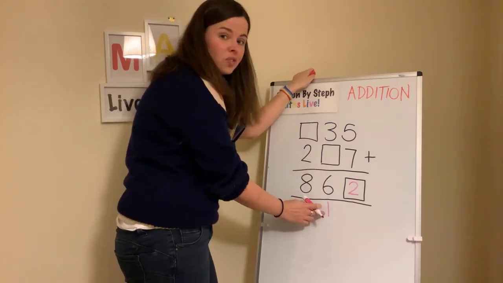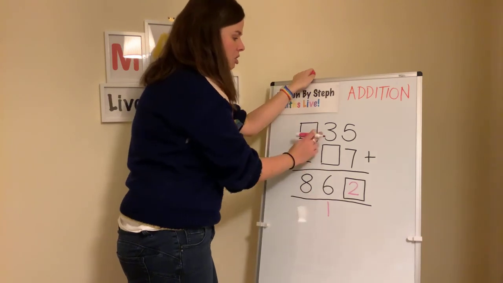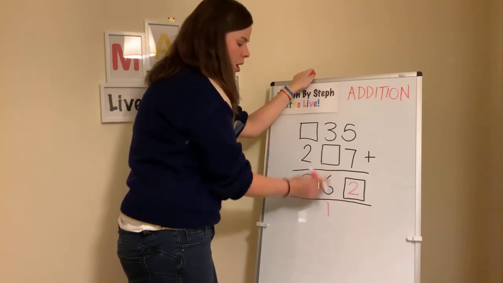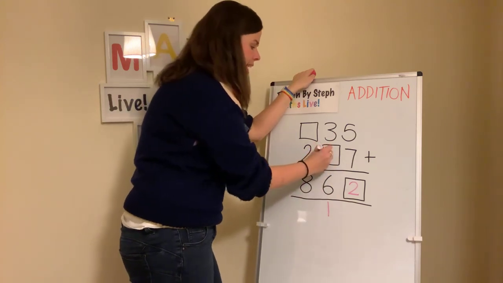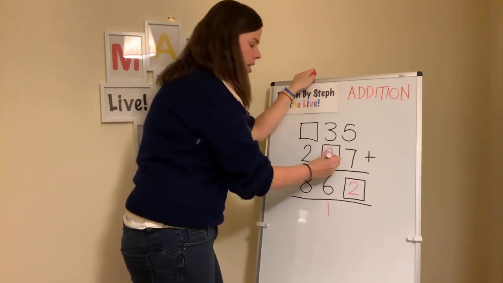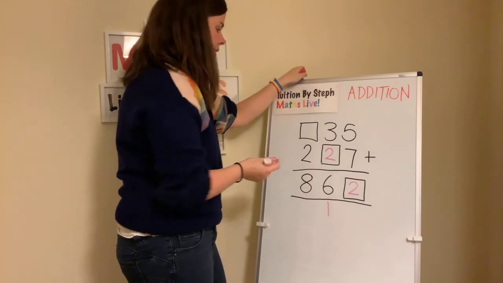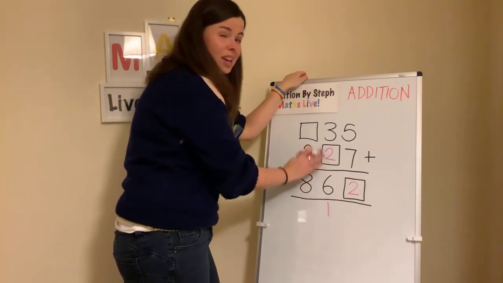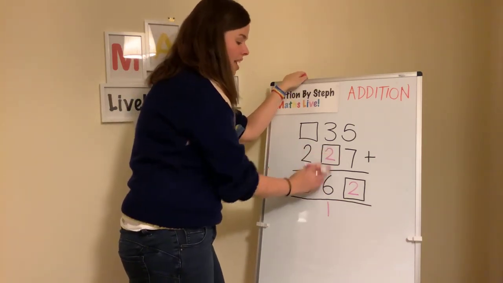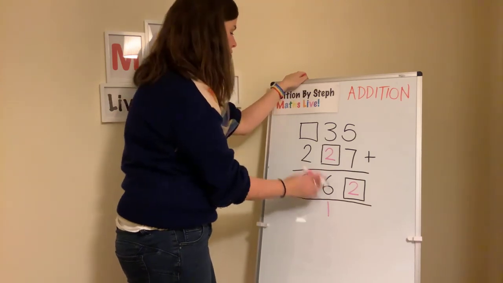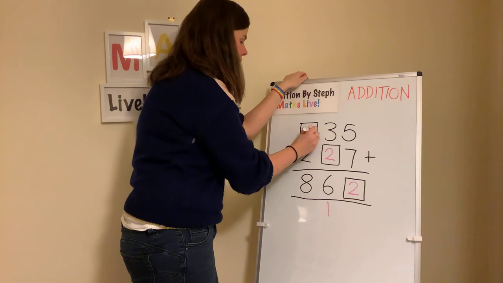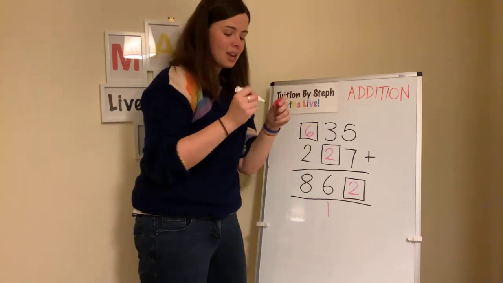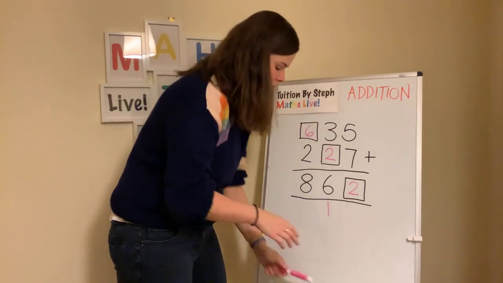We don't want to forget about this. So it's 3 plus 1, which is 4, and then what do you add to 4 to make 6? That is 2. That can really trick people. A lot of people can put 3, forgetting about the 1 that was regrouped. And then what do you add to 2 to make 8? 6.